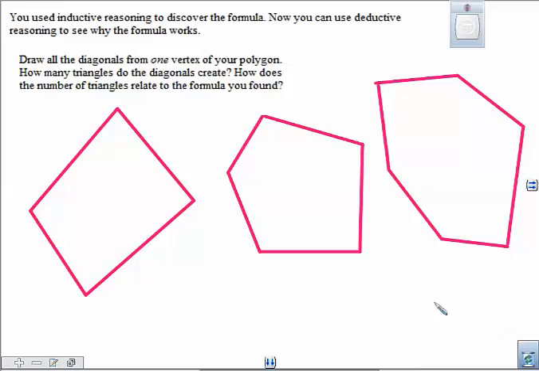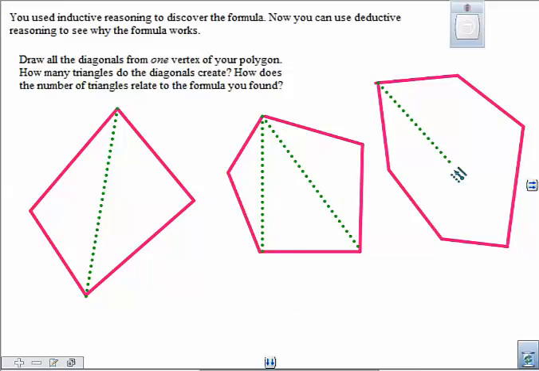I'm going to help you understand this a little better with this diagram, because you are very comfortable with triangles by now. If you look at your polygons as triangles, this may help you see why we're multiplying by n minus 2. If I draw this diagonal, I've split this quadrilateral into 2 triangles. Let's see how many triangles this would split into. If I drew a diagonal here, here's 1, but this still isn't a triangle. I have to draw 1 more. Now these are all triangles, so I have 3 triangles.